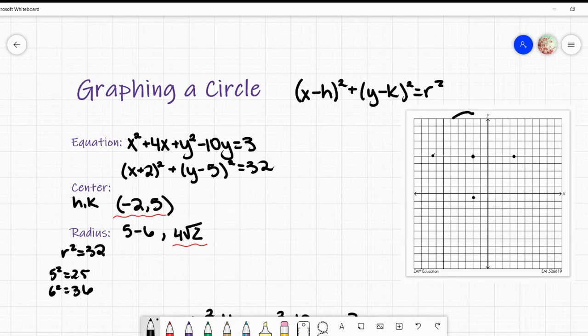Now when we draw, oh gosh. Oh dear. It's really hard to get it right. Oops. Especially when you're doing it on something like this. But overall, that's what your circle should look like. Hopefully it's better than that. But that's the general idea of how to complete the square in a circular problem.